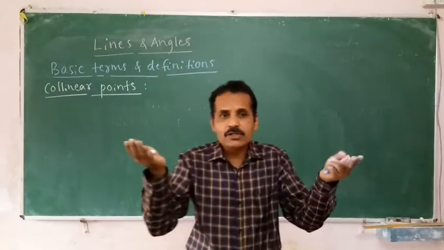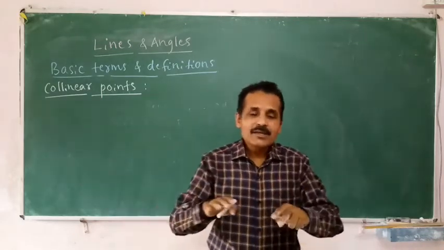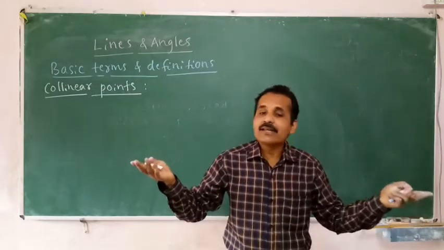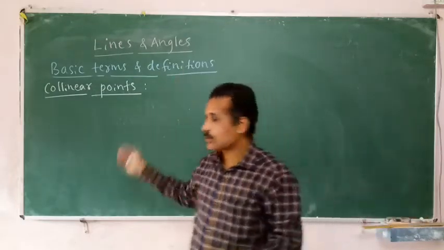So if the points are lying on the same straight line, they are collinear. If the points are not lying on the same straight line, they are non-collinear. That I am going to write.